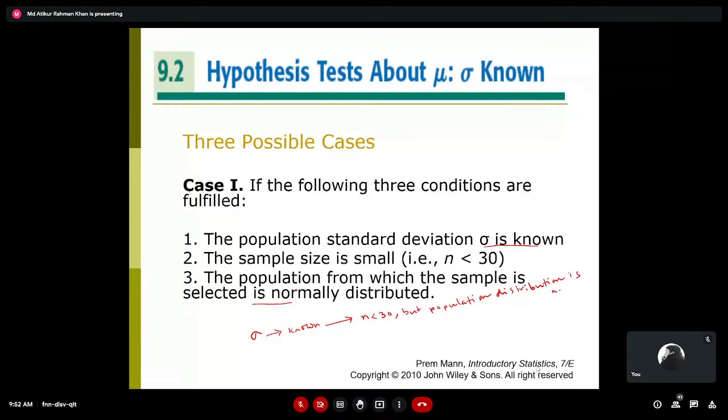In that case, we can use the normal distribution and calculate the Z statistic.